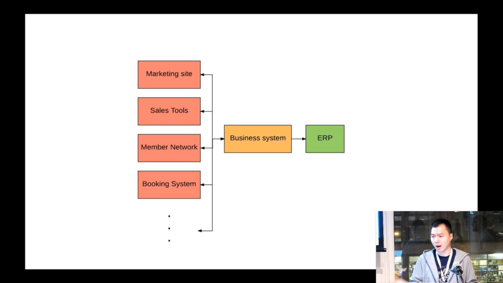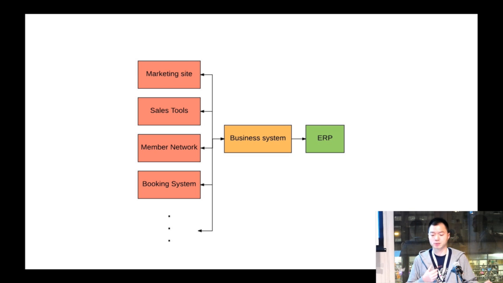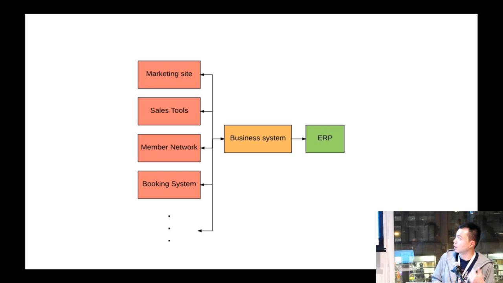Before I dive into why we need to do that and how we did it, here is a little overview and background of that system. In the core business system, you can see a bunch of different applications talk to it. The marketing side gets the inventory from this business system, and there are the sales tools that our community managers in every building use to sell our space, and the member network members use to connect with each other, and also they have self-service that they can use to interact with this business system.